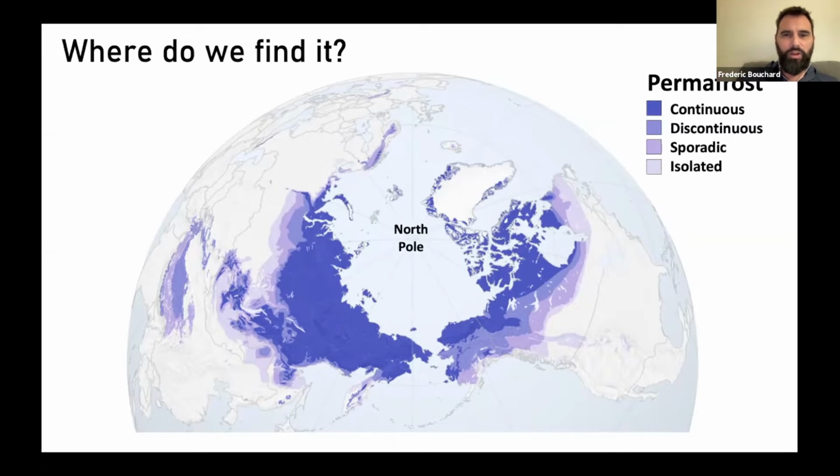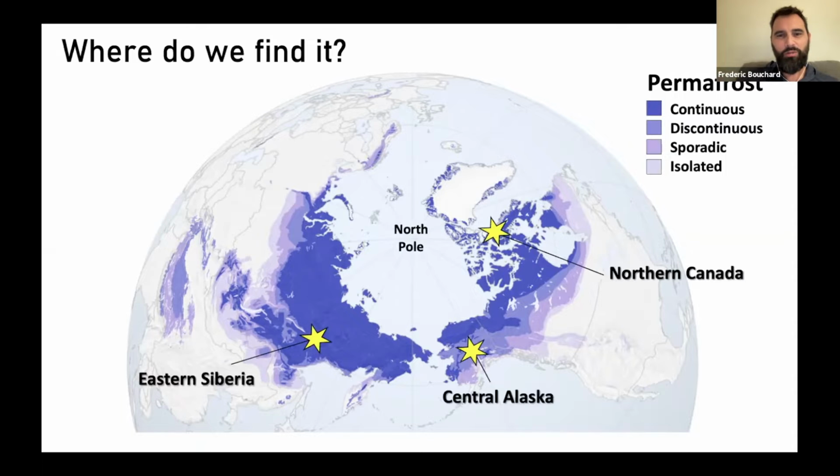If you push the button, Ylva, we will see the yellow stars that show where we're going to see some pictures and videos from. They come from three popular permafrost sites: eastern Siberia near the city of Yakutsk, central Alaska near Fairbanks, and northern Canada, the Inuit territory of Nunavut near Bylot Island.